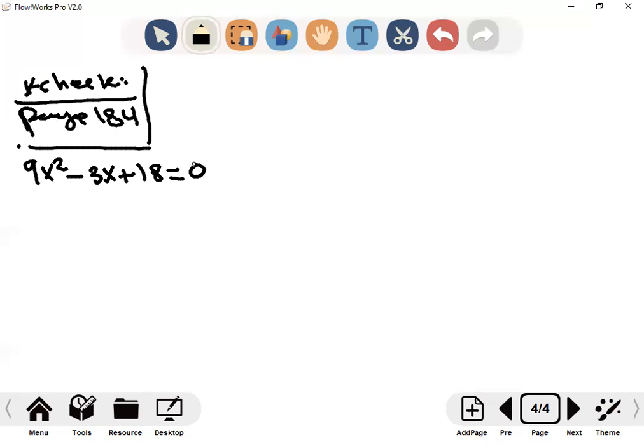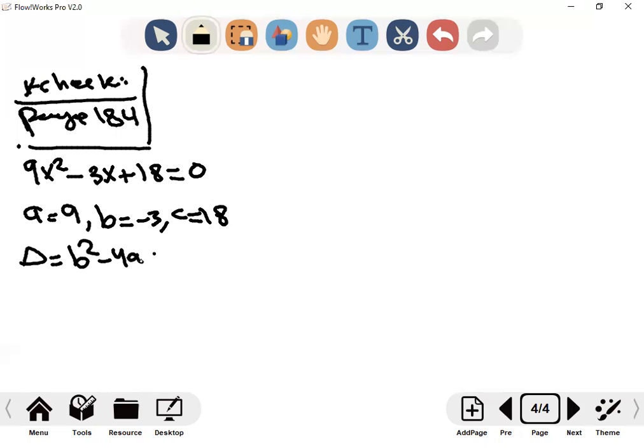A is 9, B is -3, C is 18. Delta equals B power 2 minus 4AC, equals -3 power 2 minus 4 times A, 9, times C, 18.